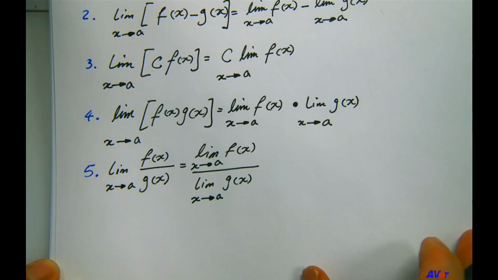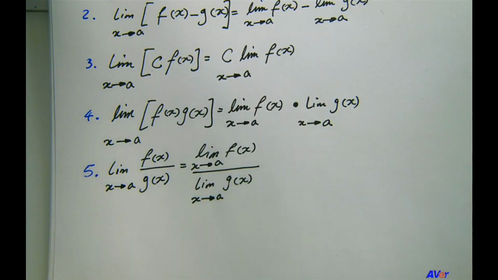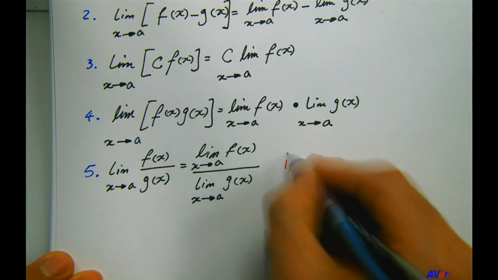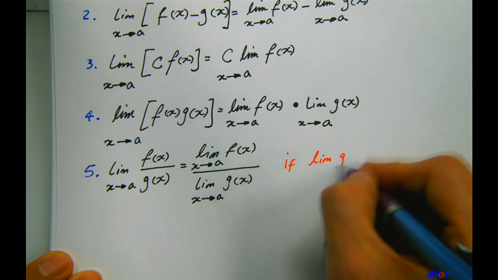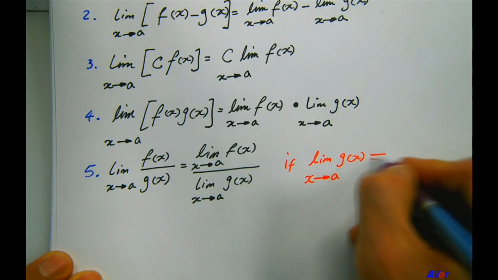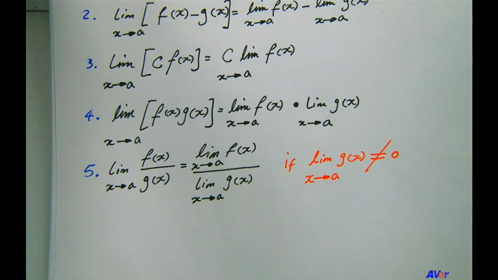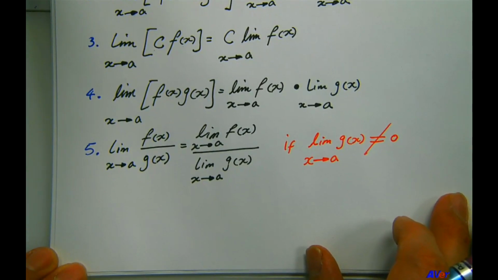Of course, let me add quickly that for this one, we want to say if the limit of the function in the denominator as x approaches a is not equal to 0, right? In other words, if the limit of g of x exists but is equal to 0, then this does not apply.